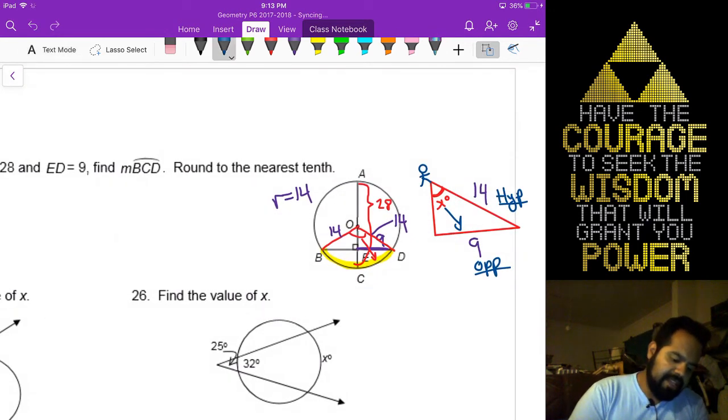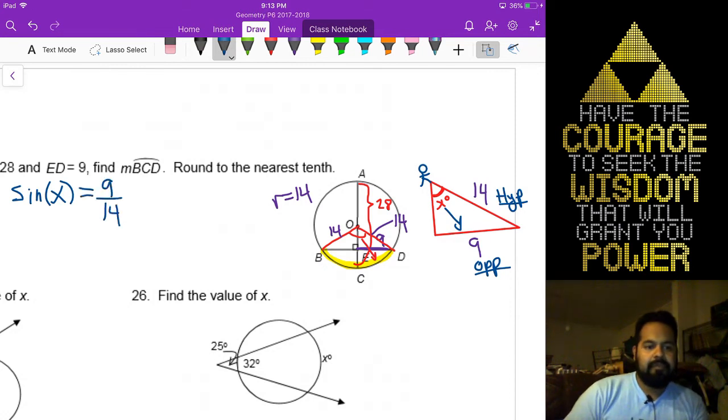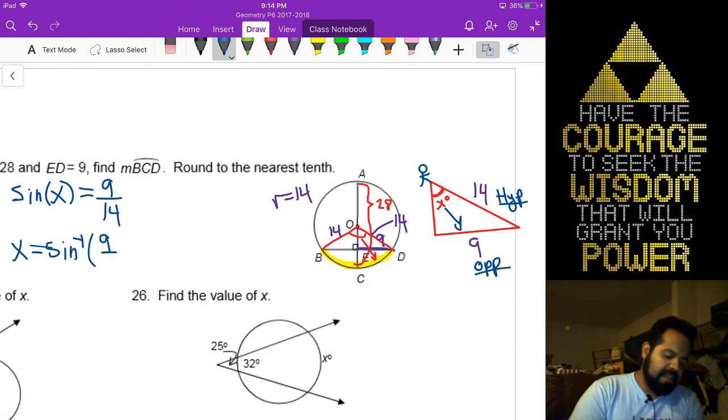So we are going to say sine of x, since we don't know the angle, equals 9/14. Well, if I wanted to get x by itself, I used the inverse sine. And that gets me the 9/14.